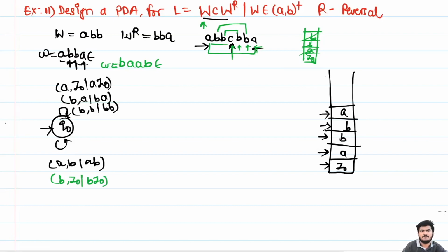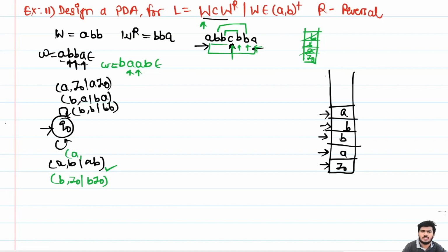Similarly, now A is there and the top of the stack is B, so I push this A into the stack. Now the top of the stack is A and my input is also A, so I have to push this A into the stack, but there is no transition available, so I will create one transition like this.